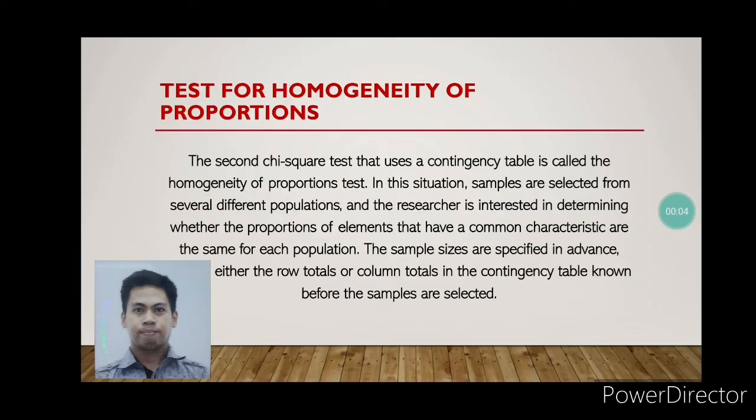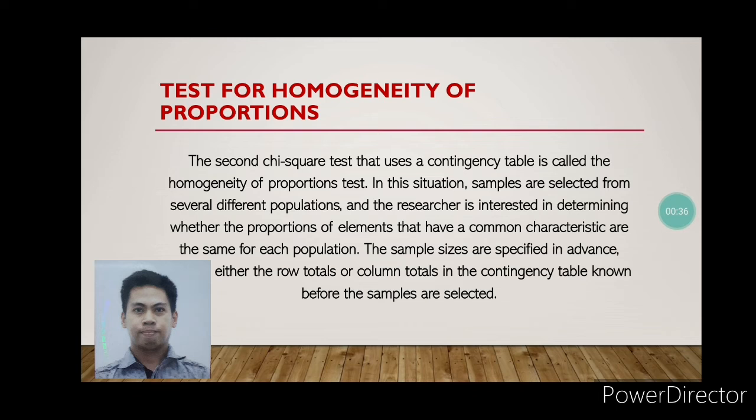And now let's move to test for homogeneity of proportions. The second chi-squared test that uses a contingency table is called a homogeneity of proportions test. In this situation, samples are selected from several different populations, and the researcher is interested in determining whether the proportion of elements that have a common characteristic are the same for each population.